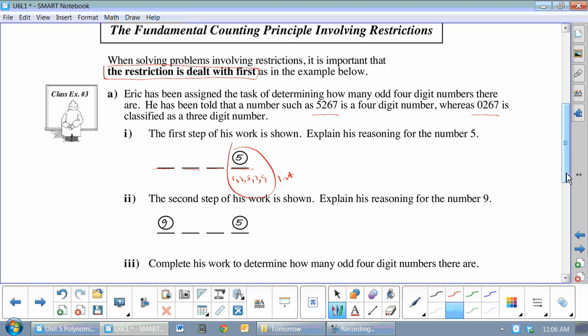Now, the next thing is, let's deal with the first digit. What numbers do I have to choose from? 1, 2, 3, 4, 5, 6, 7, 8, 9. So how many choices do I have? I have 9 choices. 1 through 9. On the second digit, how many choices do I have?